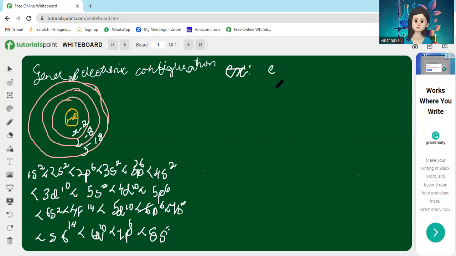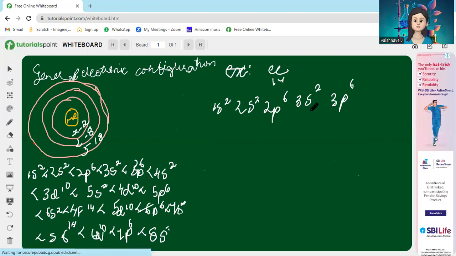Example: take chlorine. Chlorine is 17, am I right? That means we have 17 electrons. We go like this: 1s2, 2s2, 2p6, then 3s2, 3p6. Then what have we done until now?